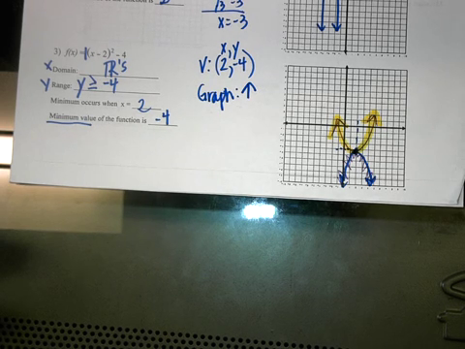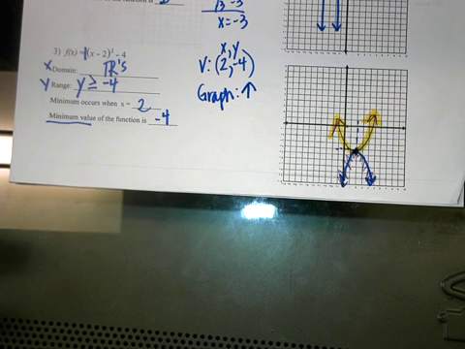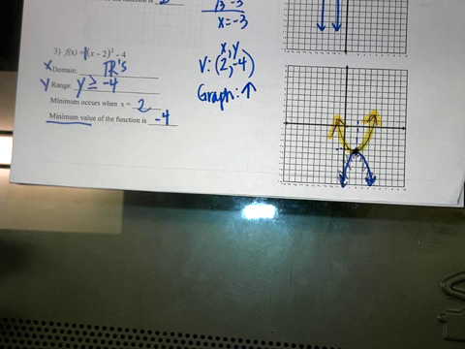If it's curving up, then everything's bigger. If it's curving down, then it'd be less than because everything's smaller. Yes? How do you know if it's wide or narrow? Your a value. If you go back to the 12.1 notes that we did our first day, if the number is bigger than 1, like 2, 3, 4, that makes it a narrow graph, because you'd be going up 5, right 1.